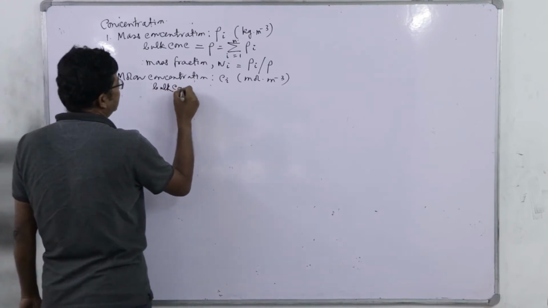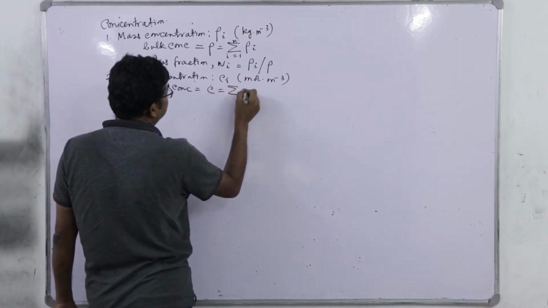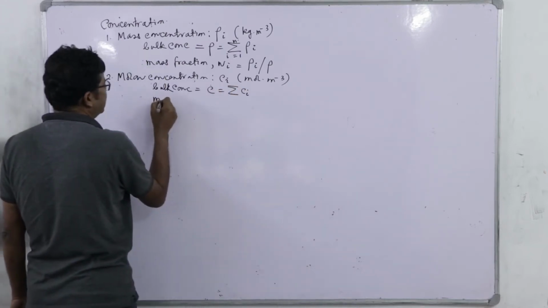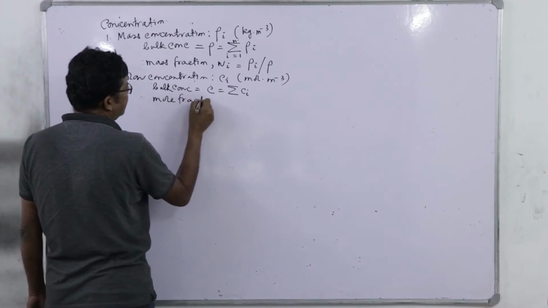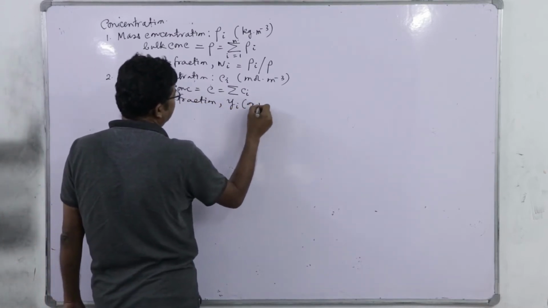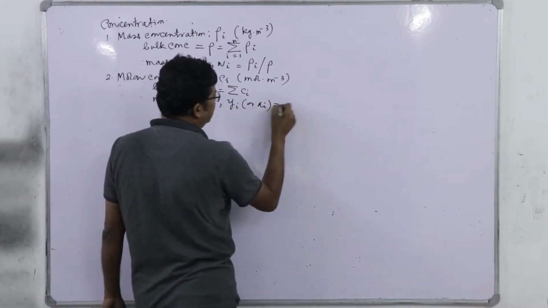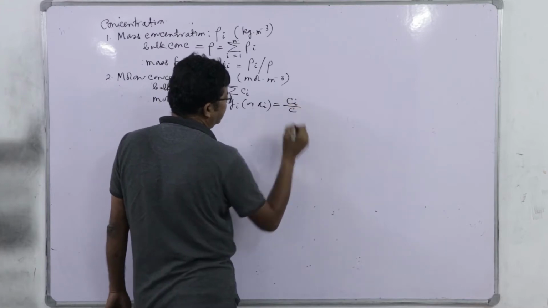So, this is also bulk concentration, C, that is the summation of C i, and mole fraction, we write y i or x i, y i for gas phase and x i for liquid phase, and that is C i divided by C.